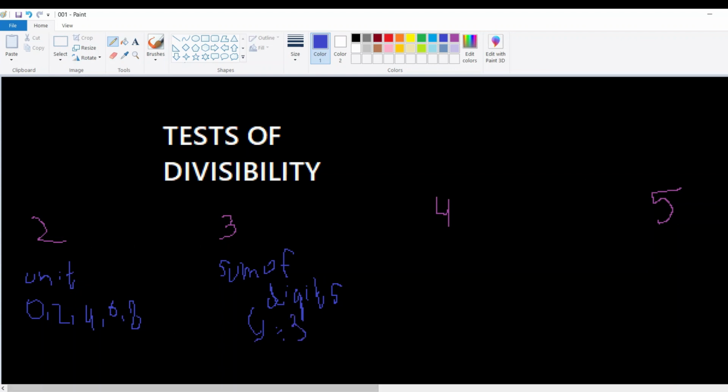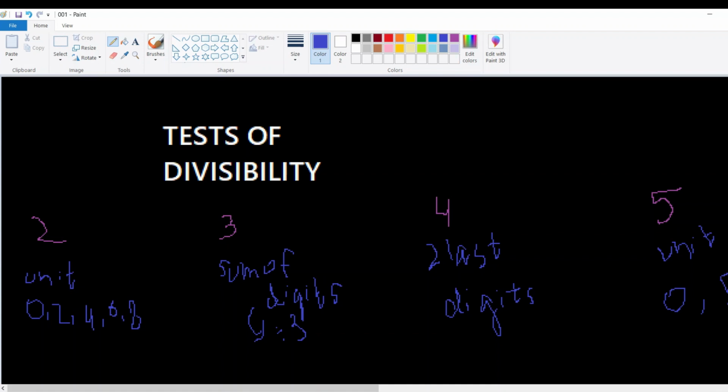For the 4, we take the last two digits. If the last two digits are divisible by 4, then the whole number is also divisible by 4. And for the 5, it's quite easy too. At the unit place, we check for either a 0 or a 5.